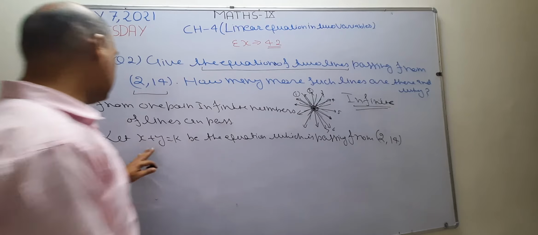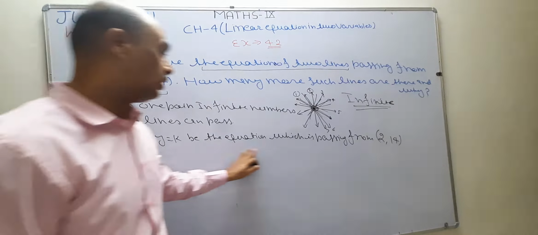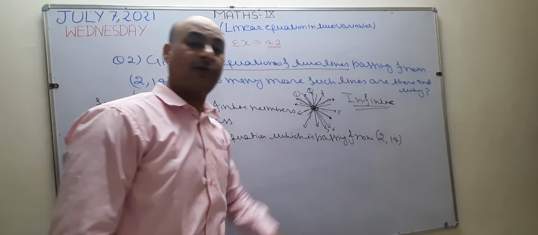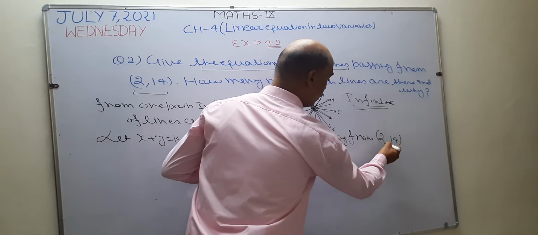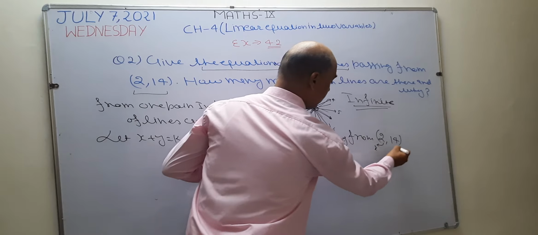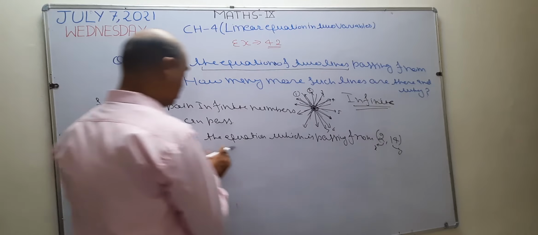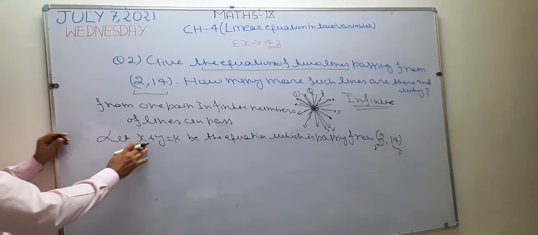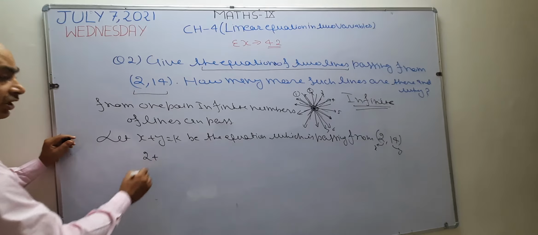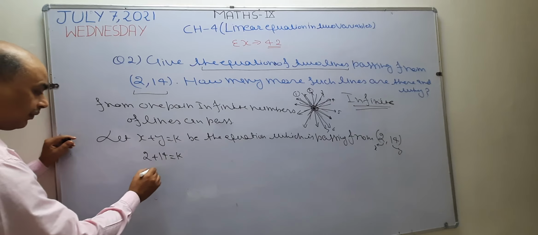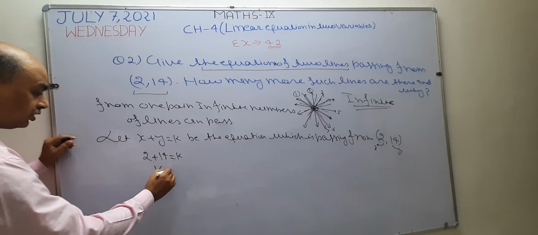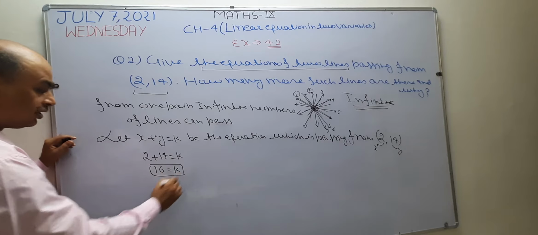I suppose this equation is going to pass from the given points 2 and 14. It means I am going to put in the value of x 2 and y equal to 14 in this equation. If I take x equal to 2 in this equation and y equal to 14, the value of k become 14 plus 2 is 16. The value of k become 16.